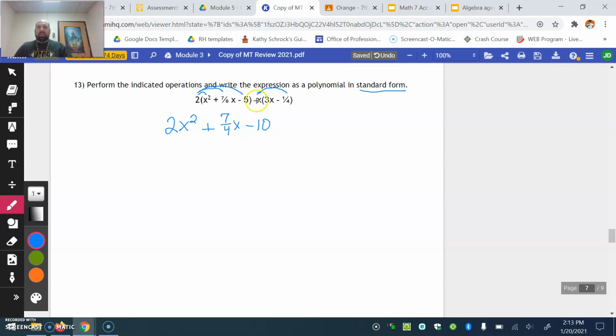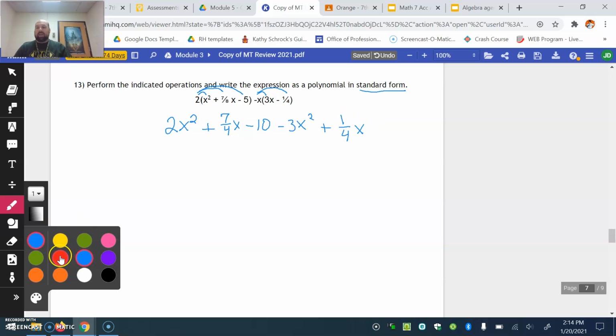Then I have negative 3. Yes, that subtraction sign is going to carry like a negative. Times 3x is negative 3x squared. And then a negative times a negative is a positive 1/4 x.